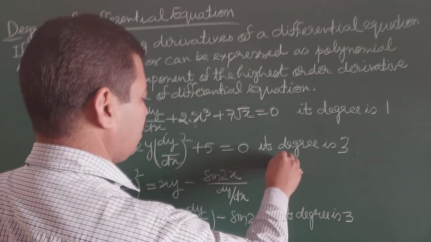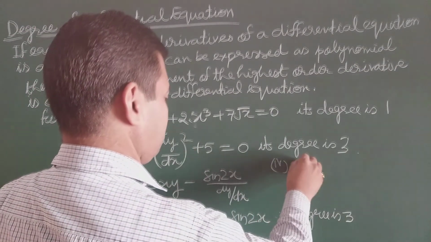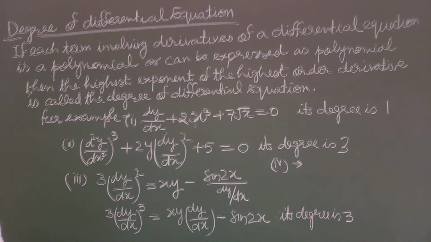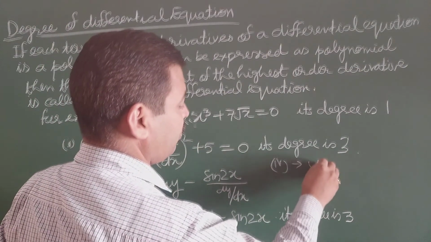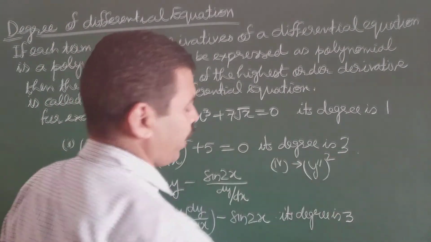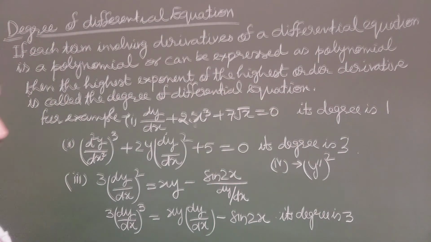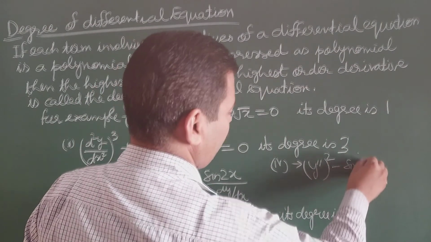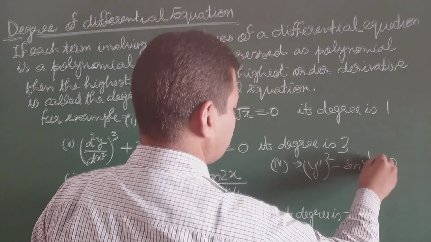Let us take one more example. Example number 4. Here you can see it is given y double dash whole square minus sine y dash equals to 0.